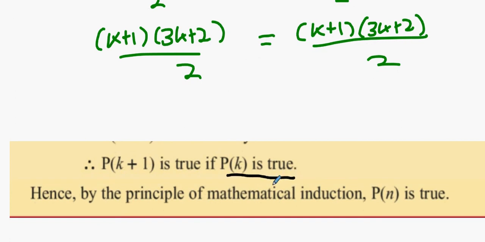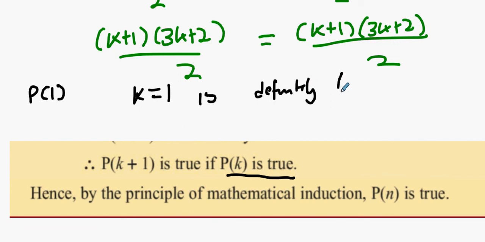But here's the catch. At the very beginning, did we not prove that P1 works? Yeah? So k equals 1 is definitely true. Would you agree with that? And that means that what will also be true? If k equals 1 is true, that means k equals 2 is true.